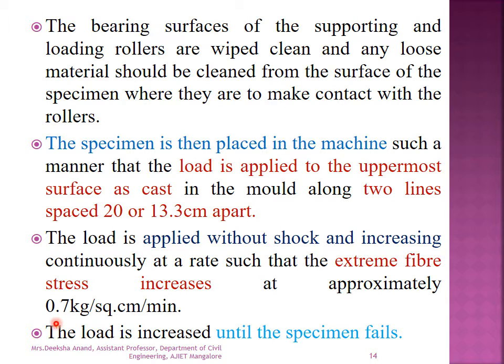The load is increased until the specimen fails. So usually when we go for any of the tests, compression test or to determine the strength properties, we will go until the specimen fails, so we have to increase the load.